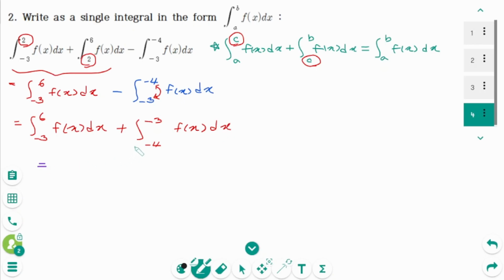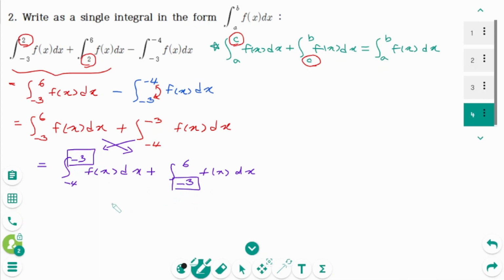Then change the order, this one first, the integral from minus 4 to minus 3 of f of x dx plus this one, the integral from minus 3 to 6 of f of x dx, and this number and this number are the same. Then the final answer is the integral from minus 4 to 6 of f of x dx.